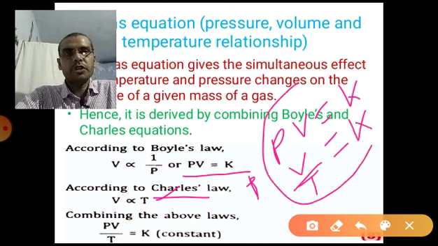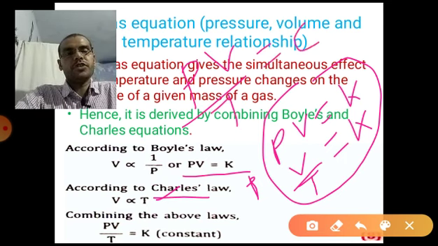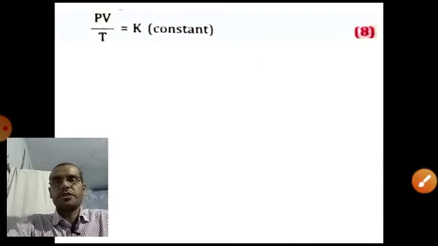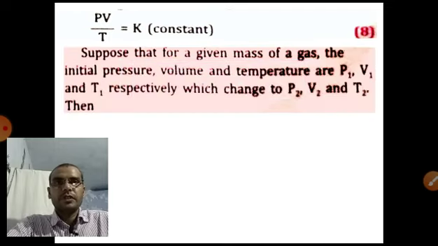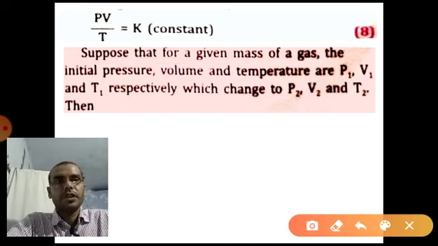By combining both equations, Boyle's equation and Charles' equation, finally we conclude, after solving, that PV by T is also a constant. PV by T is equal to a constant.